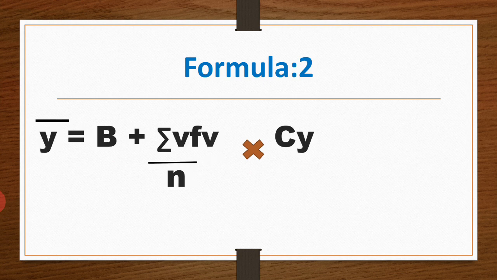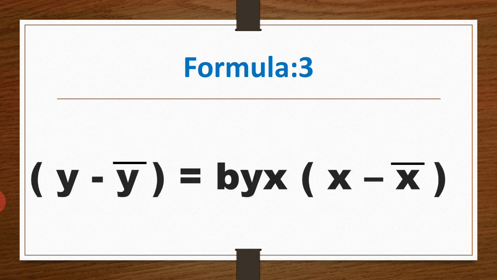Similarly, when you find x bar, find y bar in the same way. Y bar is equal to b plus sigma vfv upon n, into cy. B means the value assumed in the y column, the y mid value column. Sigma vfv is the total of vfv, upon n, into cy, where cy means class interval in y.